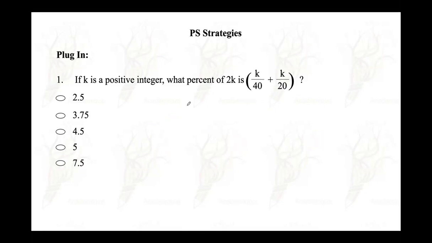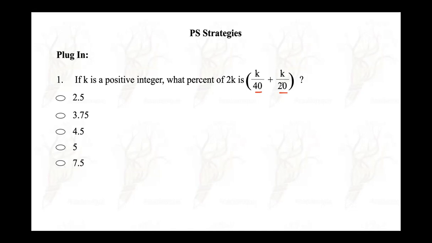Now, the thing is, you don't really need to do that. The easiest possible way of doing this question is to set a value of K, which will help me to make my life easy. For example, you can see that the denominator in this is actually 40 and 20. So if I take a number which is divisible by both 40 and 20, this number will look very, very easy.